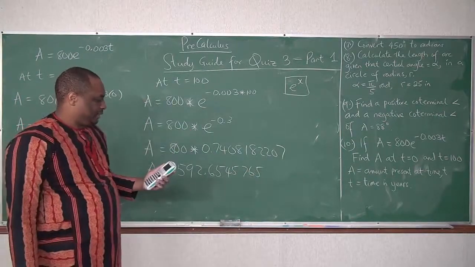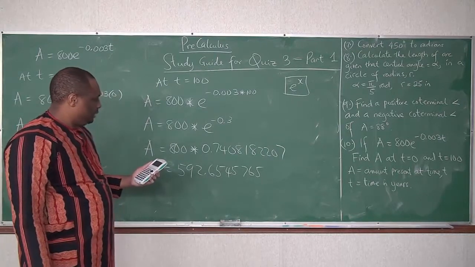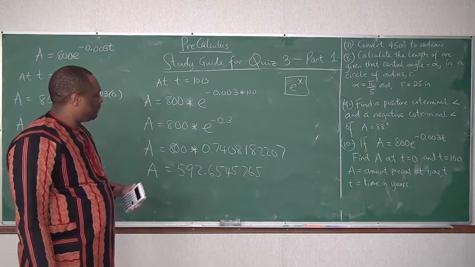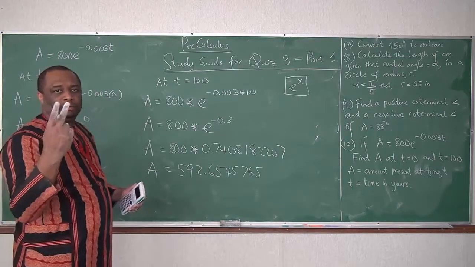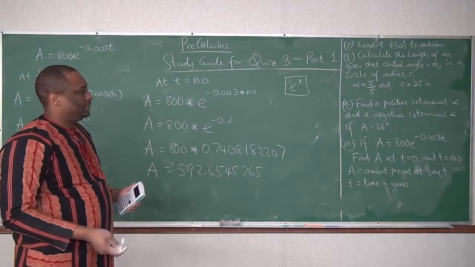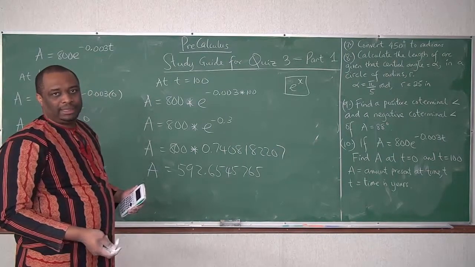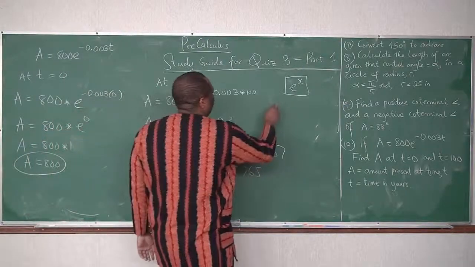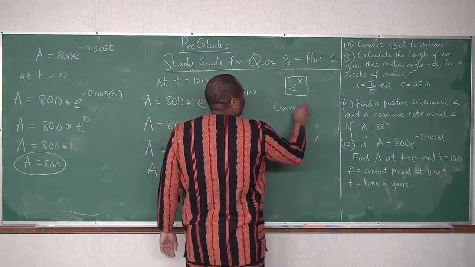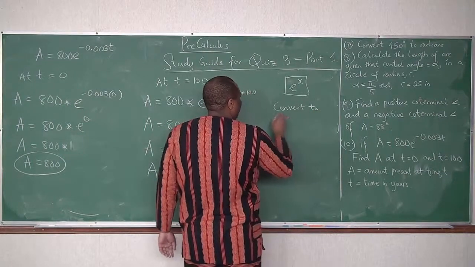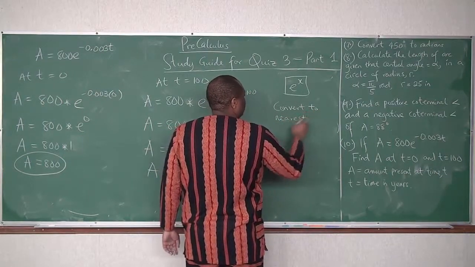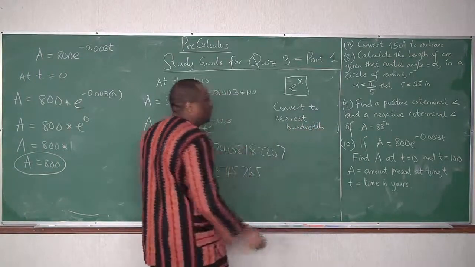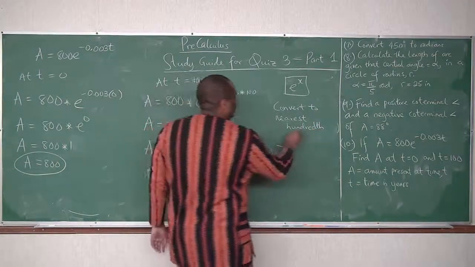They might ask you to convert it to decimal places, say to the nearest 100th. The nearest 100th means 2 decimal places.